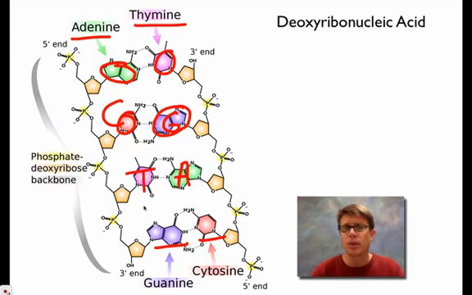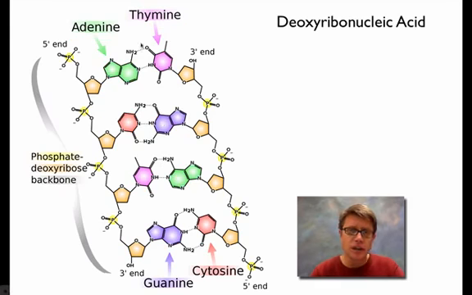Now, what do I mean by they bond to each other? Well, the bonds are going to be right here in the middle. If you look at the structure of DNA, every one of these atoms is going to be connected to every other atom by a covalent bond, except right down here in the middle. If we look right down in the middle, these are actually hydrogen bonds. Remember, hydrogen bonds are very weak. So these are relatively weak bonds that go right down the middle. Why is that important?